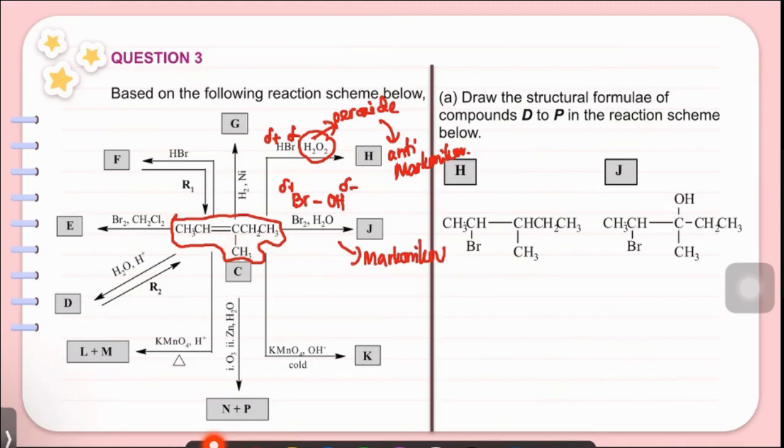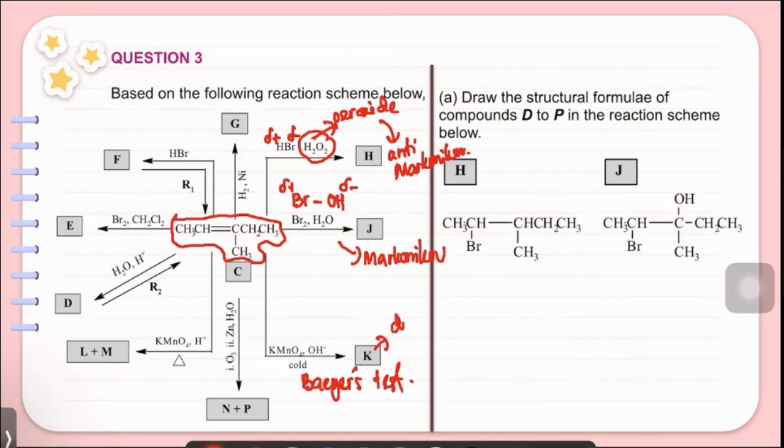Okay, and then K. Compound K comes from the reaction of C with KMnO4, OH minus and condition cold. So this is we call Baeyer's test. Baeyer's test. So bila mention Baeyer's test, that mean K ni akan masuk dua OH.